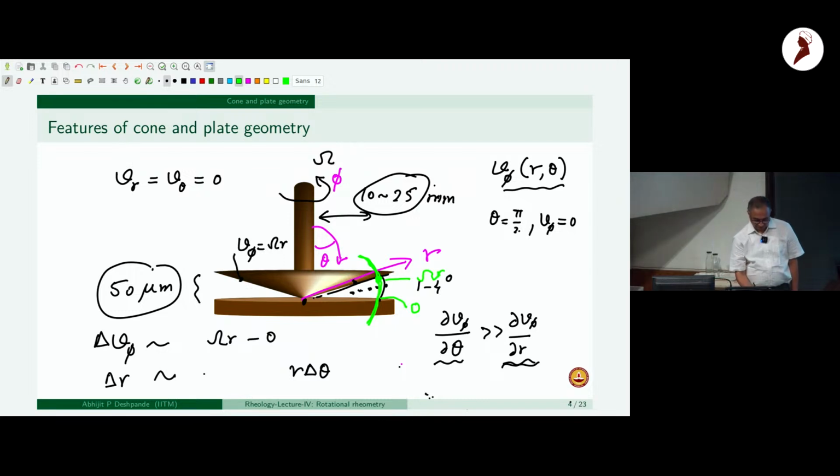And if you look at another r value, again the value here is omega r, and again the value here is 0. But you can see that the omega r itself is different, and the gap over which the velocity goes is also different. So one feature of this cone, the way it's constructed, we will see is the deformation rate, which is effectively omega r divided by the distance over which the velocity changes, basically this value, right?